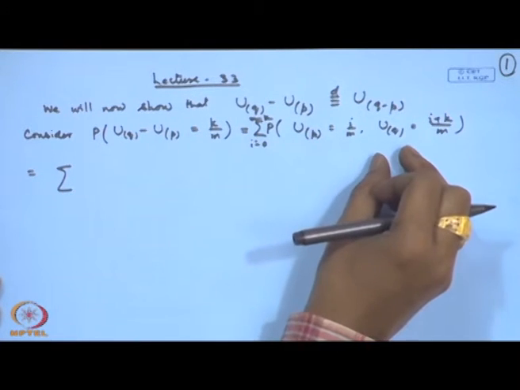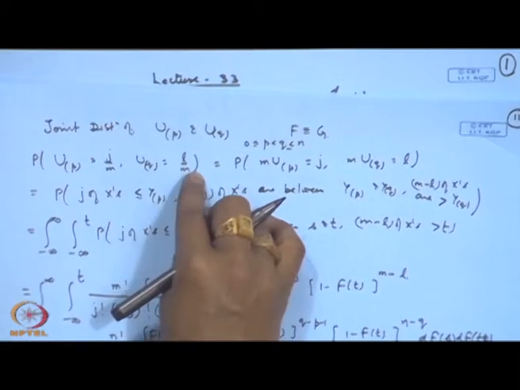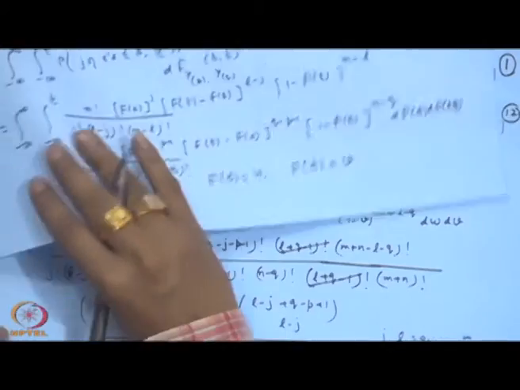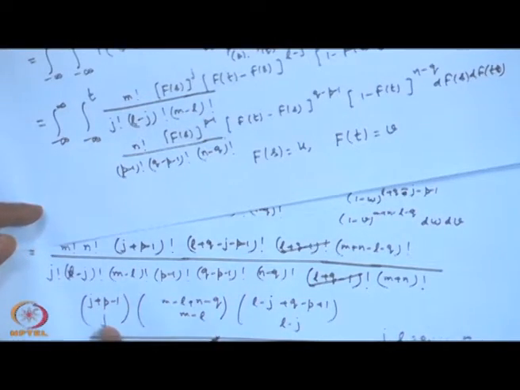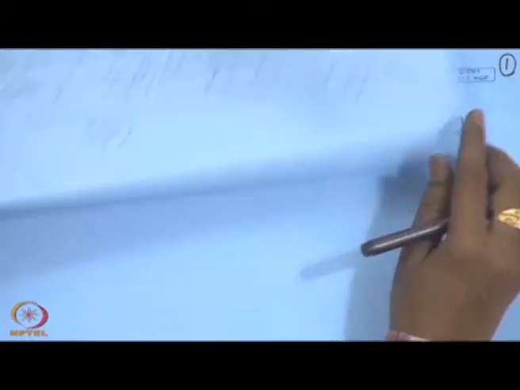Now, here I write down the joint distribution of this, which we derived in the previous lecture. Let me recollect that thing. The joint distribution of u p and u q: the values taken are j by m and l by m, then it is given by this expression, j plus p minus 1 c j and all these things. So, here for j I will substitute I, and for l I will substitute I plus k.